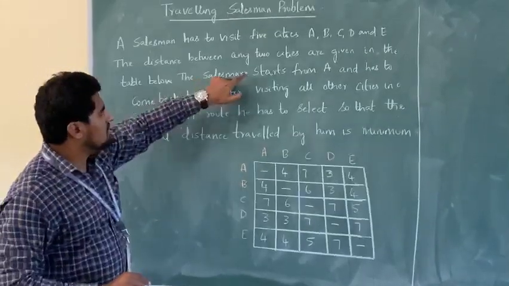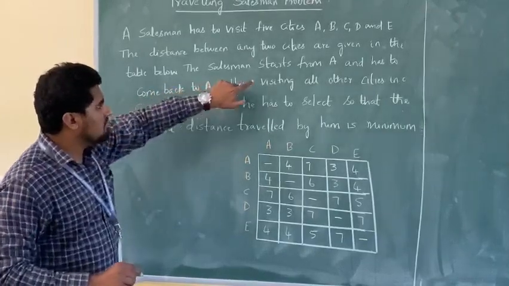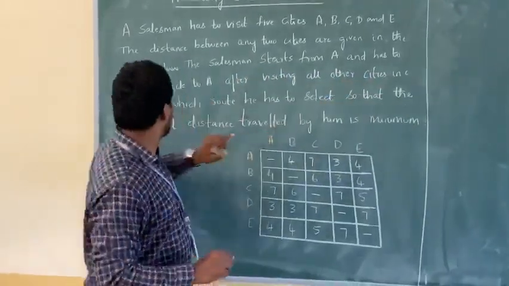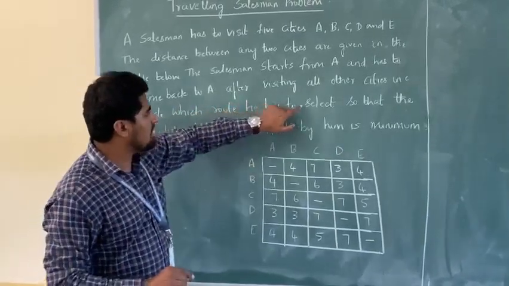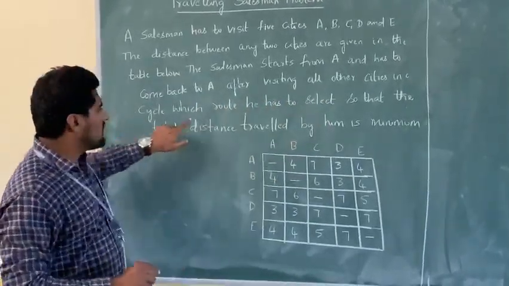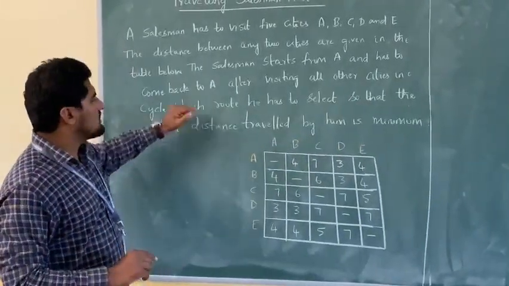The salesman starts from A and has to come back to A after visiting all other cities in a cycle. Which route should he select so that the total distance travelled by him is minimum? So this is the problem.